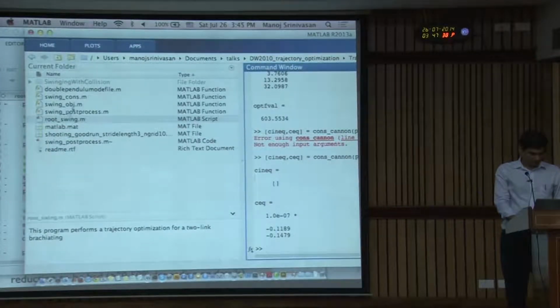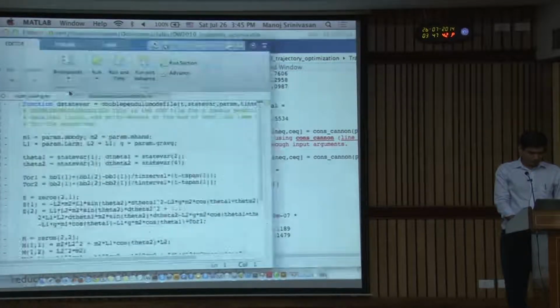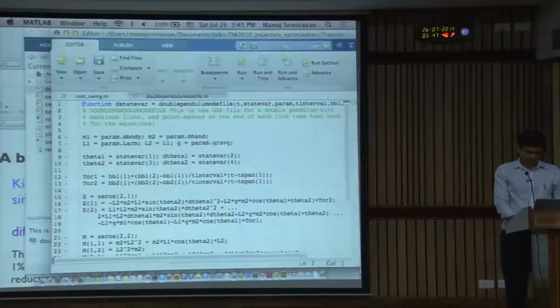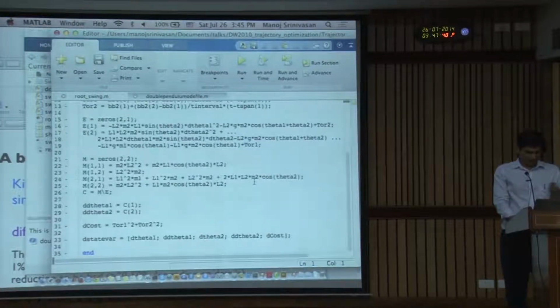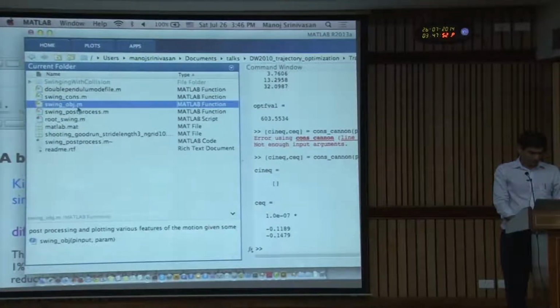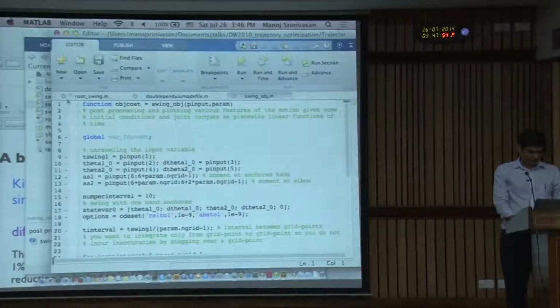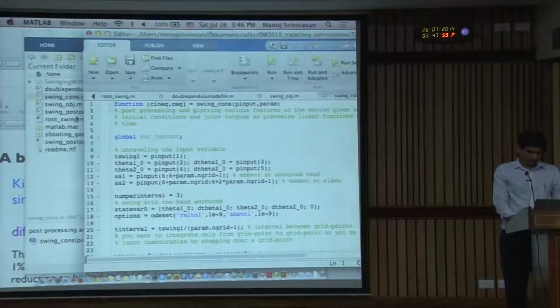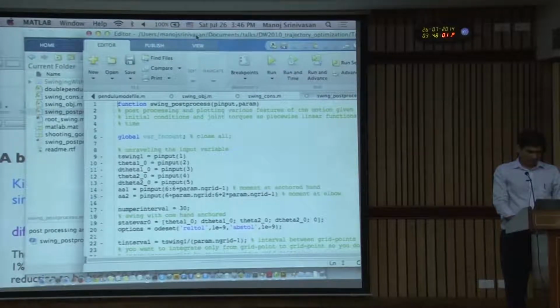Now, the structure of the program, if you haven't seen it before, is: let's do the objective function, the constraint, and the post process.